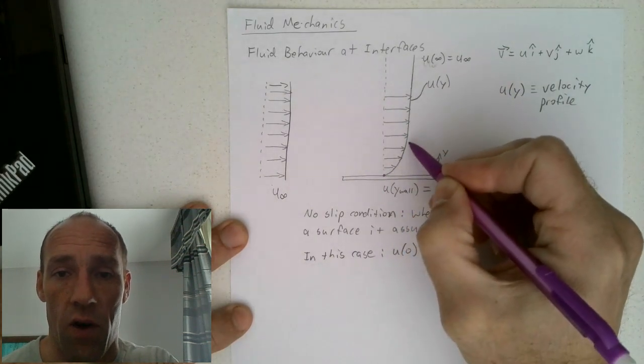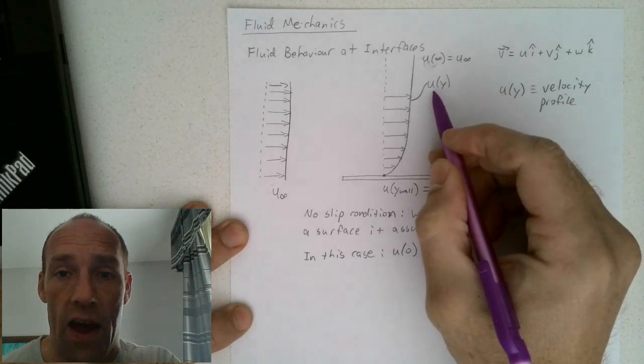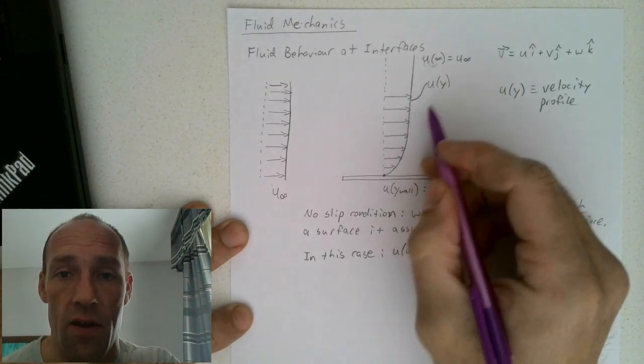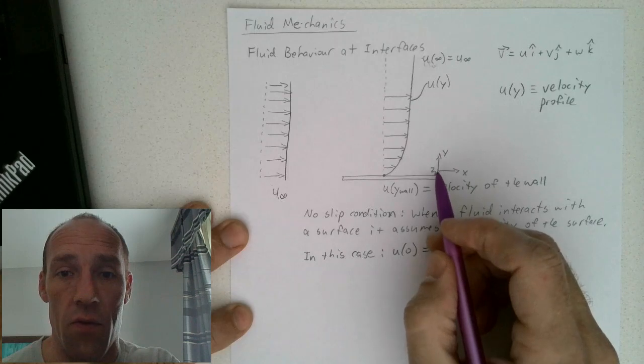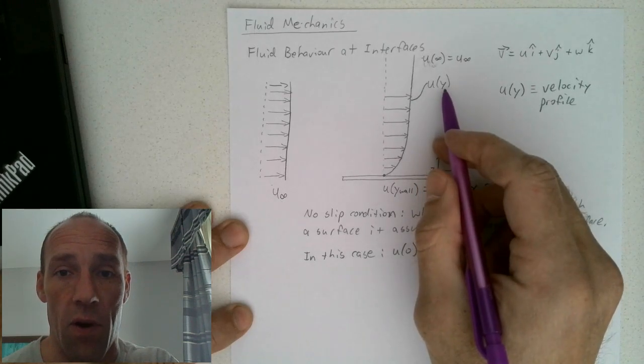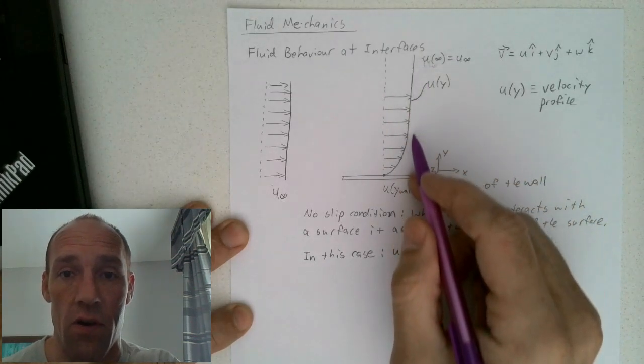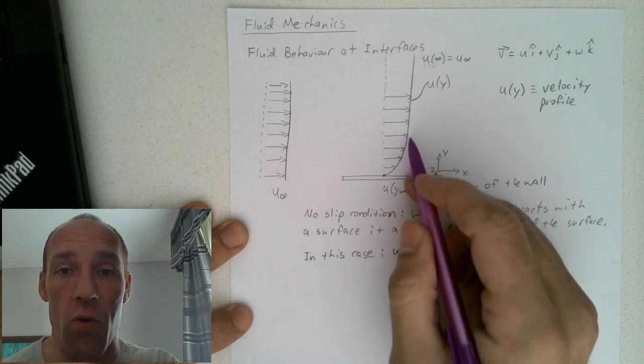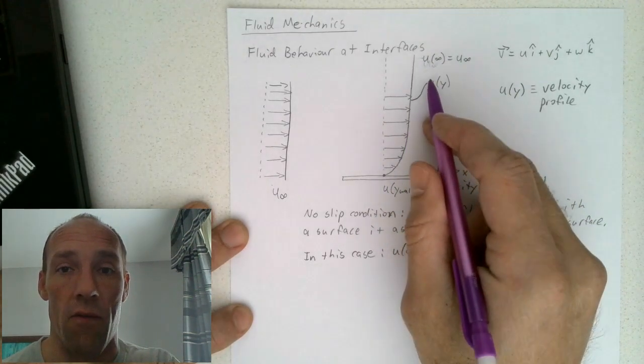This is the velocity profile. It's the x component of velocity as a function of the distance away from the plate, given by the y variable. So we have this function of y, which describes the x component of the velocity.